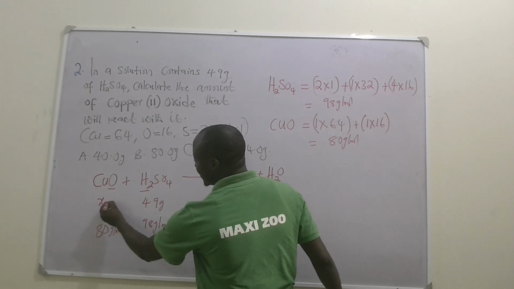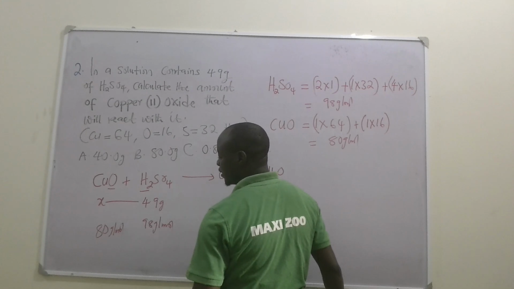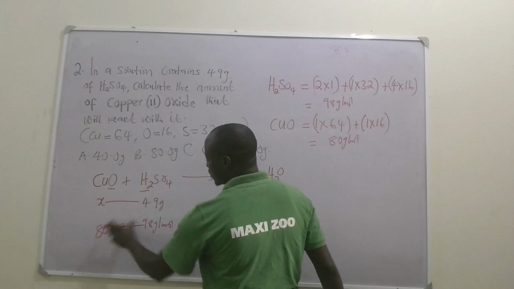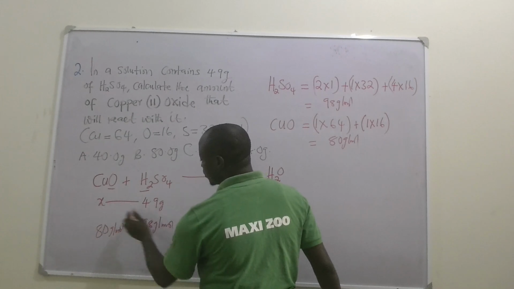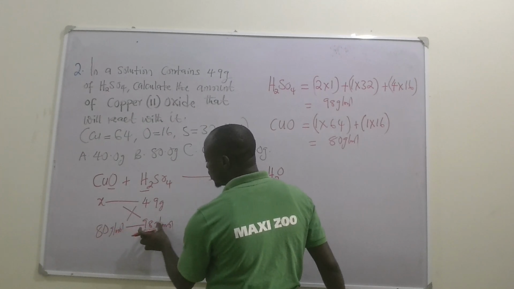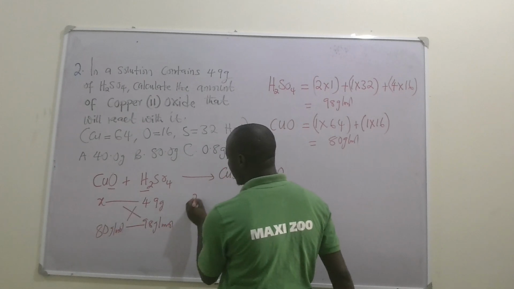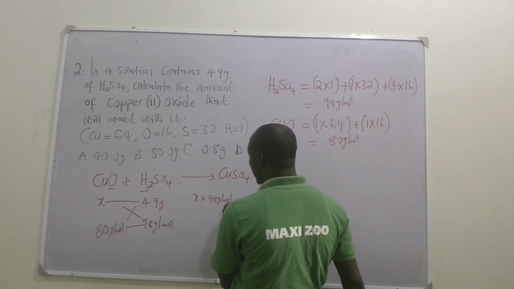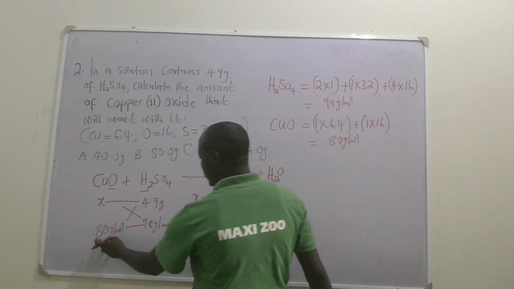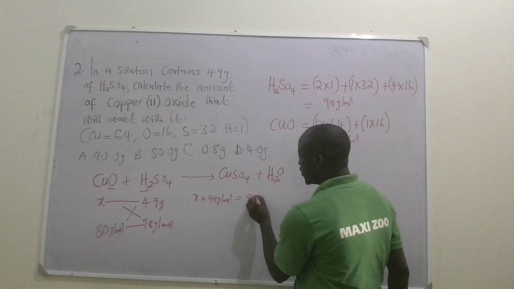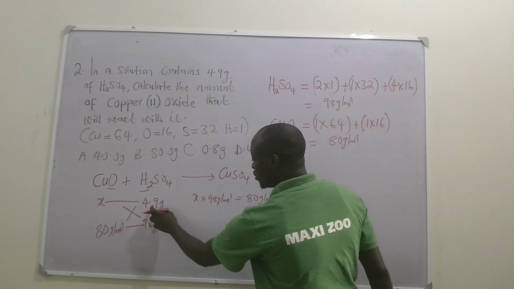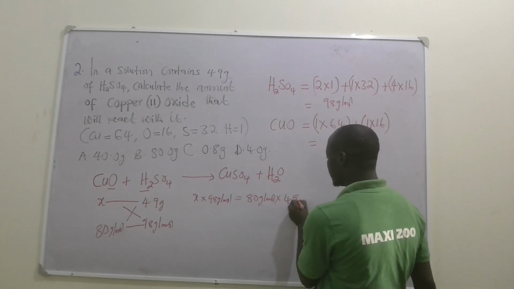So now we are going to relate this X with 4.9 grams and this 80 grams with 98 grams. So mass to mass. We now cross multiply. So X times 98 grams per mole is equal to 80 grams per mole times 4.9 grams.